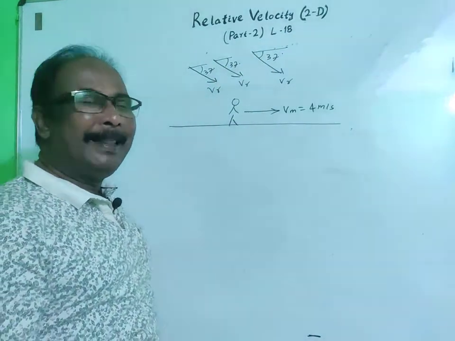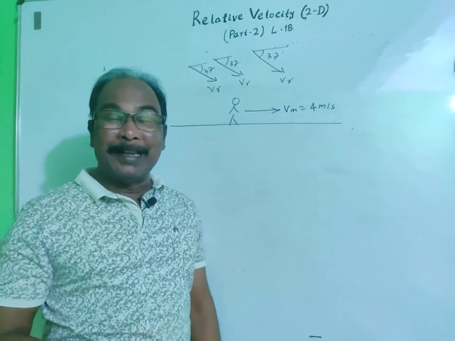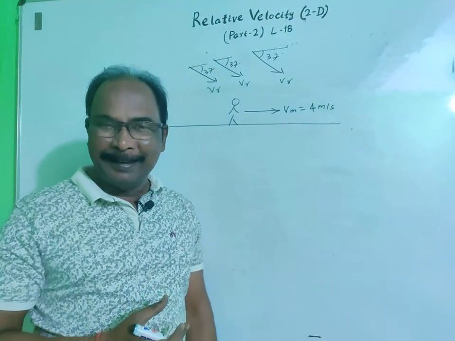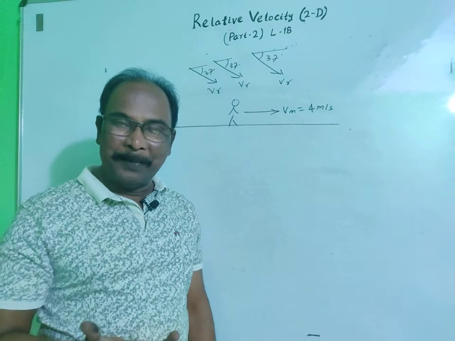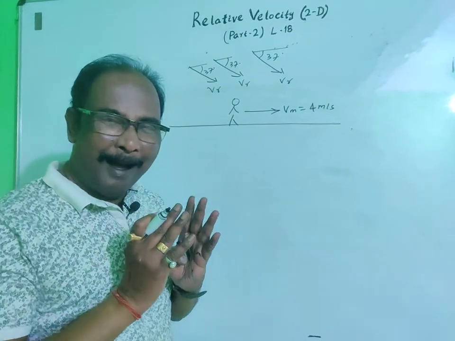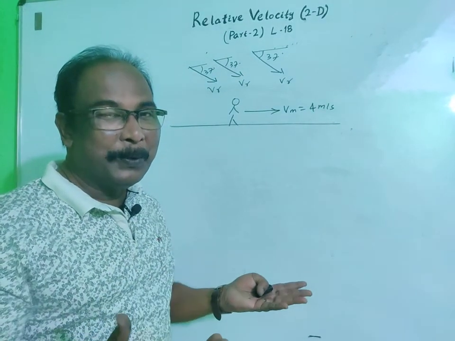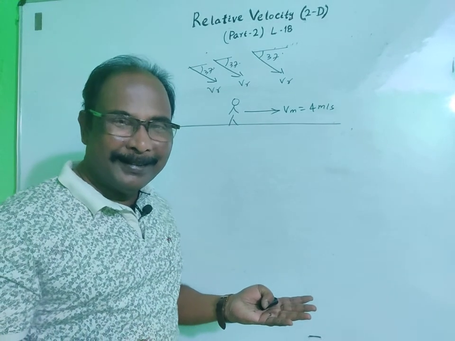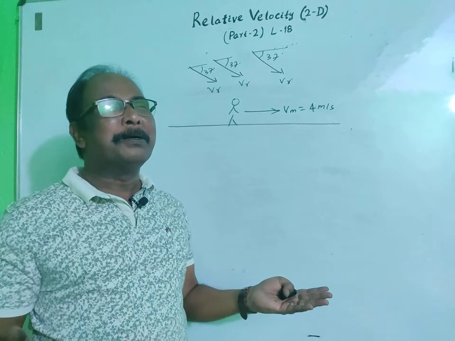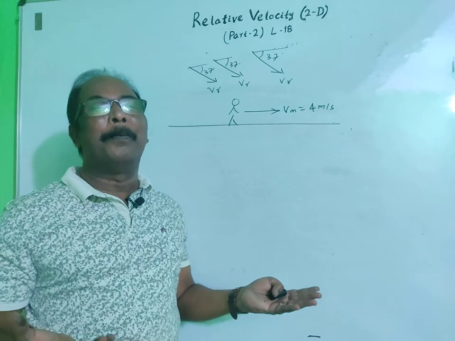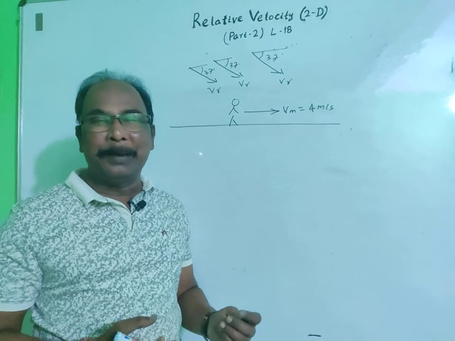Then the question arises, what is the relative velocity of rain with respect to man, and at what angle should the man hold the umbrella? Of course, the man should hold the umbrella opposite to the direction of velocity of rain.